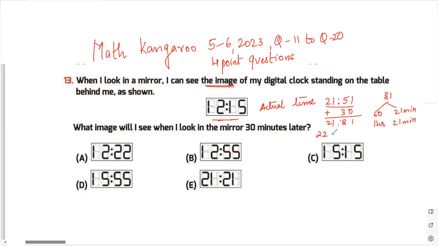We get 22 hours and 21 minutes, right? Let's just write it in terms of the digital clock. So it'll be 22 hours and 21 minutes. So this is the actual time, but when you see it in a mirror, it'll be reversed.